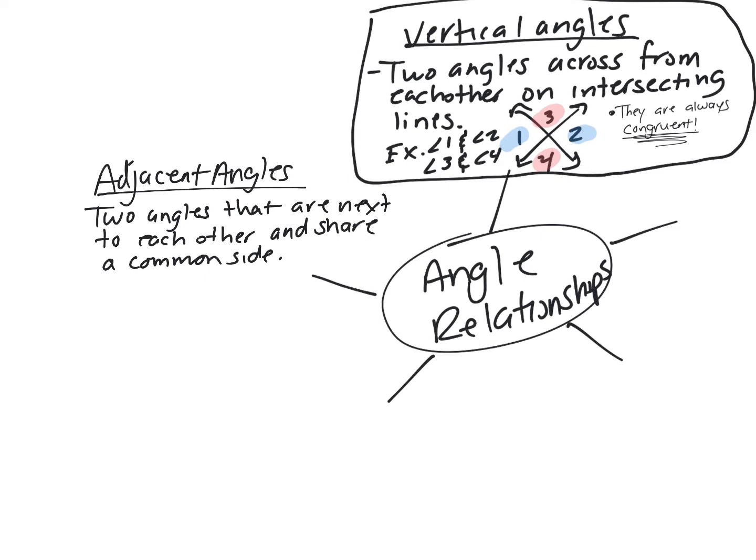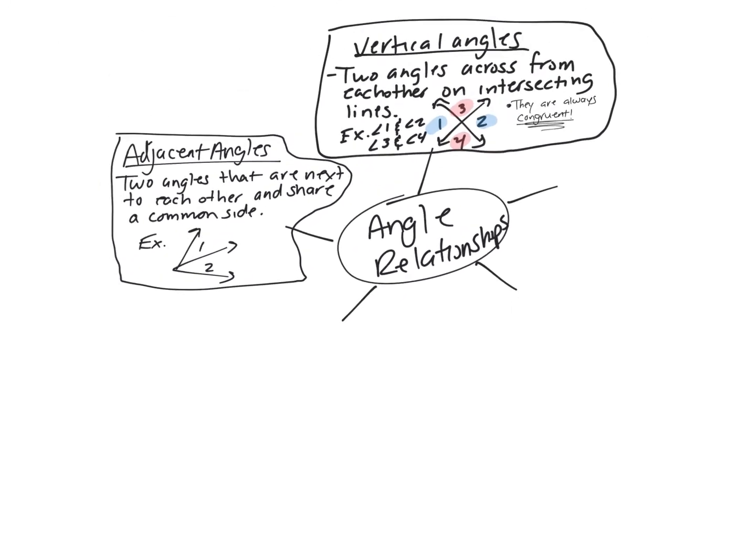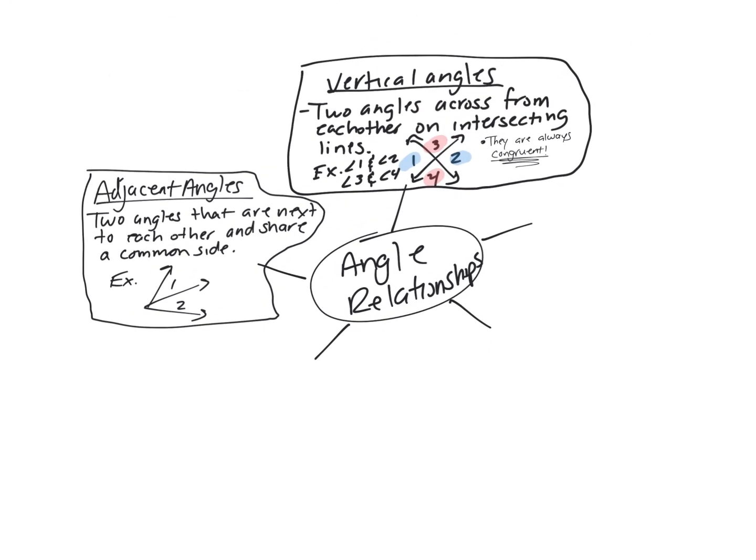So an example of this would be a situation where you have not necessarily a bisector, but just a ray that separates an angle into 2 angles. So we've done vertical, we've done adjacent.